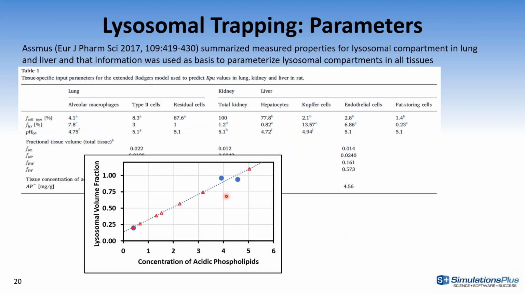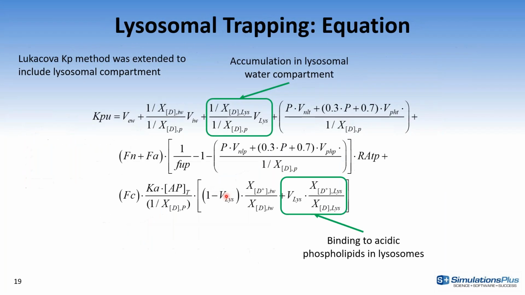One critical aspect was characterizing the new parameters. In order to incorporate it, there are two tissue-specific parameters that are critical. One is the fraction of lysosomes in each tissue. The other one is the pH in the lysosomal compartment.